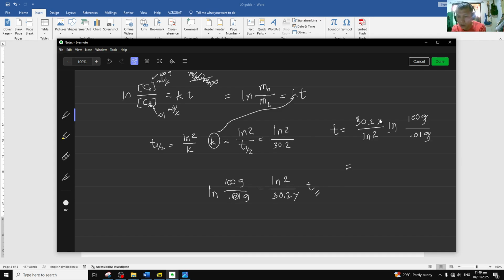Using your calculator, the answer is 401 years. In significant figures, I believe it's because of the 100, so you have two significant figures, so that would be 400 years. That's the answer to that problem.